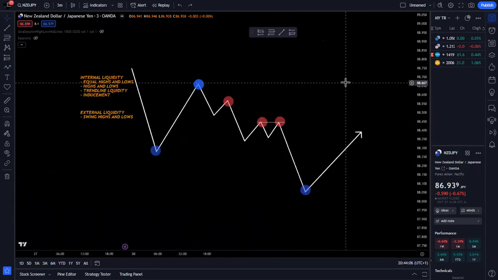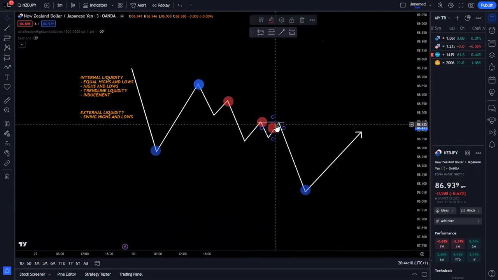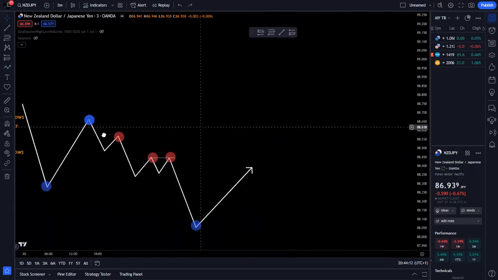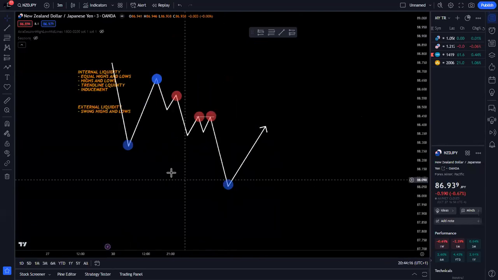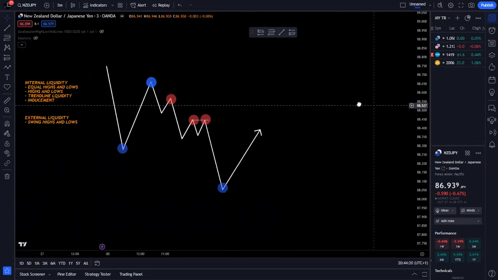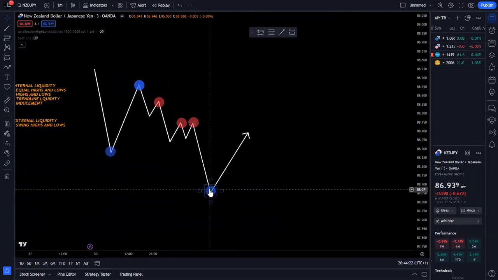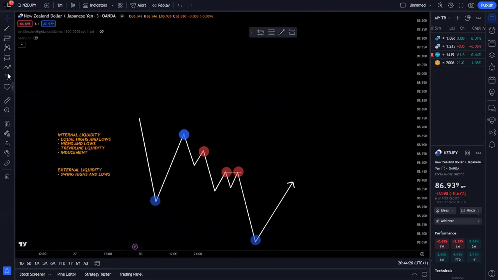It's absolutely not. Now, when it comes to trend line liquidity, you get to see something of this nature. Let me highlight it for you.